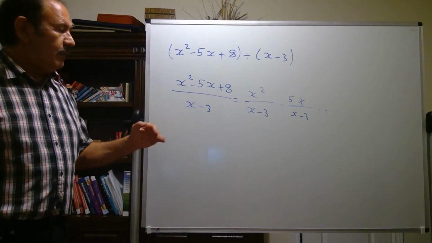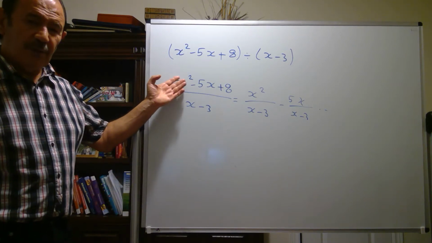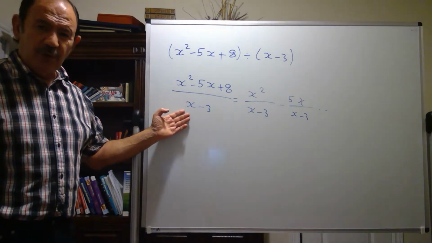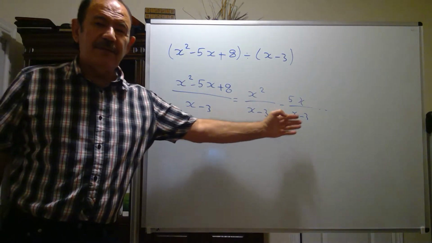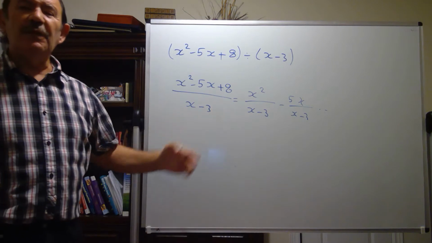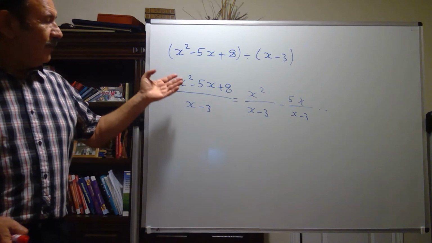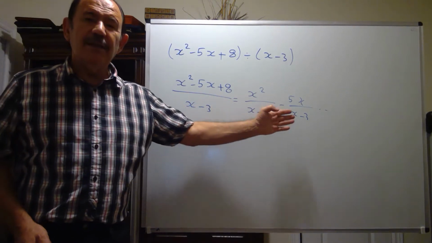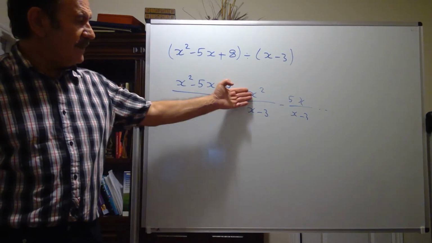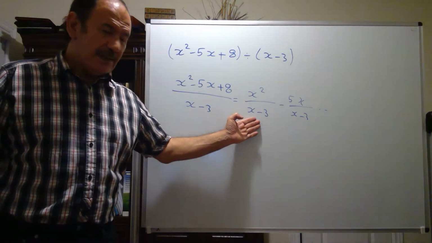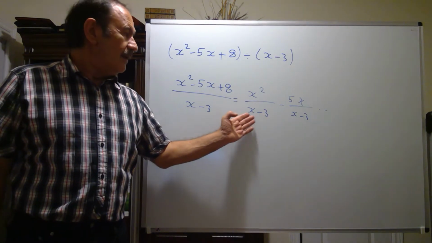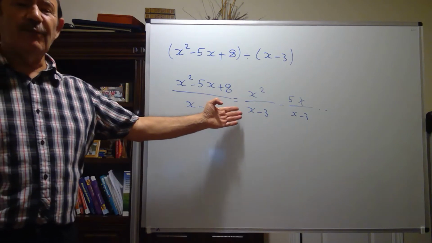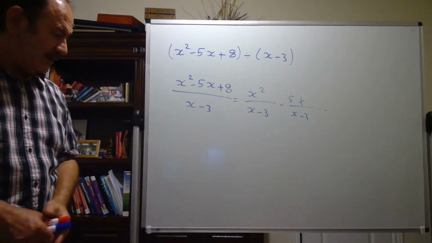Opposite of the previous one, dividing polynomial by monomial, that separation of the fractions with the same denominator helps us to reduce. When we are dividing polynomial by polynomial, separating the fraction doesn't help us because we cannot reduce. The denominator is not in multiple format, it is in addition or subtraction format, so we cannot reduce.